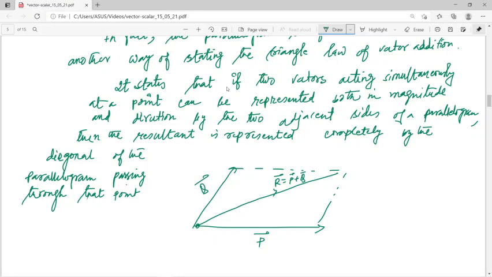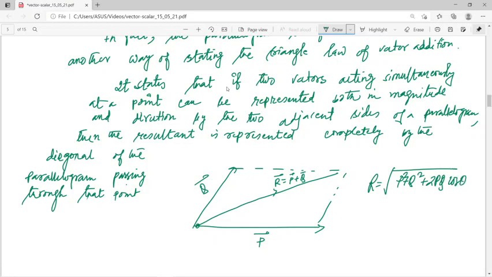That is the same thing. If you want to find the result or prove it, you will get the same thing. That means in that case also the resultant can be represented by the square root of P square plus Q square plus 2PQ cos theta.